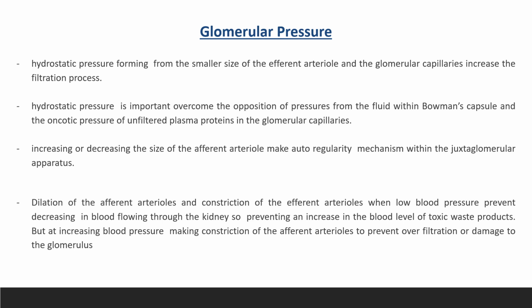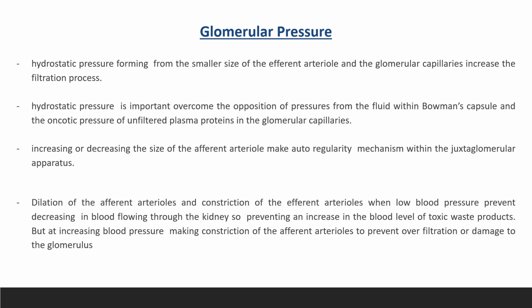Glomerular pressure. Hydrostatic pressure resulting from the smaller size of the efferent arteriole and the glomerular capillaries increases the filtration process. Hydrostatic pressure is important to overcome the opposing pressure from the fluid within the Bowman's capsule and the oncotic pressure of unfiltered plasma protein in the glomerular capillaries. Increasing or decreasing the size of the arterioles makes an autoregulatory mechanism within the juxtaglomerular apparatus.